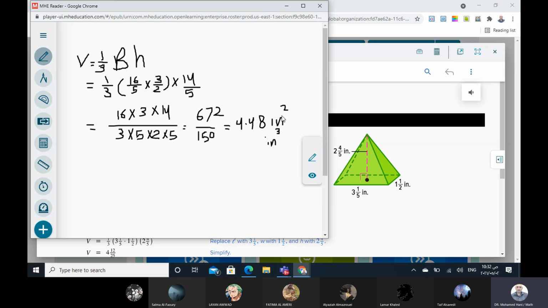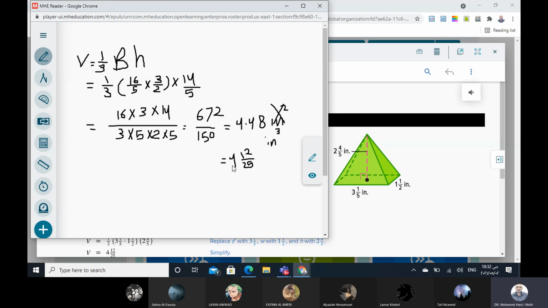The area has two dimensions, so we use squared. So for the volume, always inch cubic. And as a decimal, we have 4.48, and we can write the answer as a mixed number, 4 and 12 over 25.